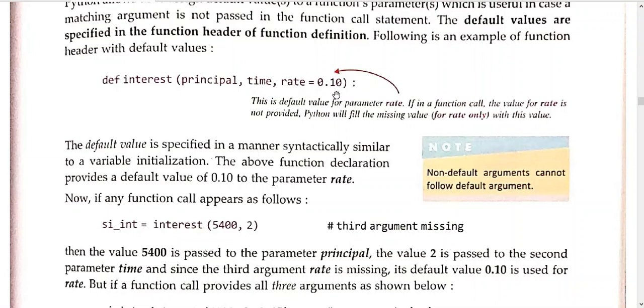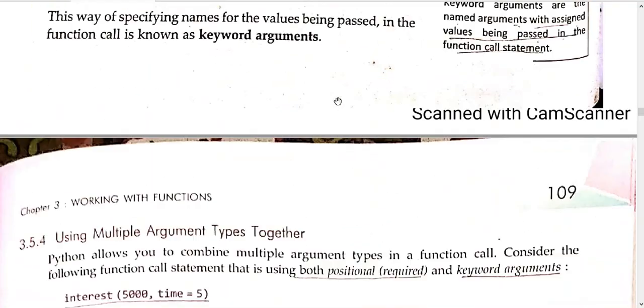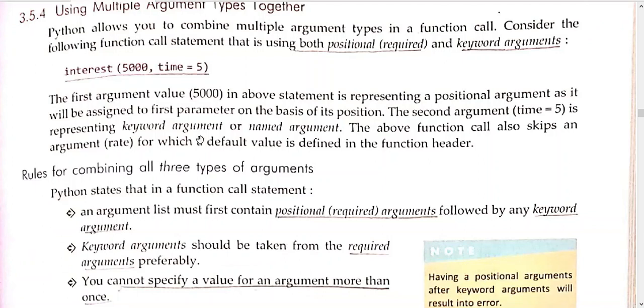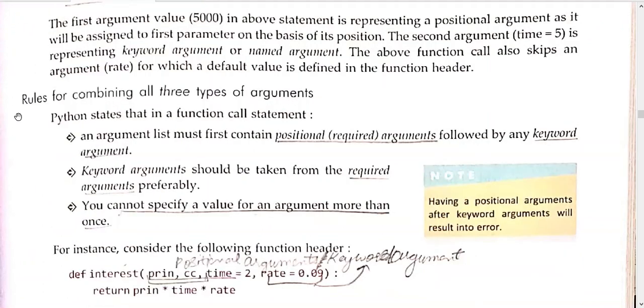I hope it is clear. So in this way you can have the concept of multiple argument types together. Okay, this is positional, this is your keyword, and whatever is left will be covered with your default.